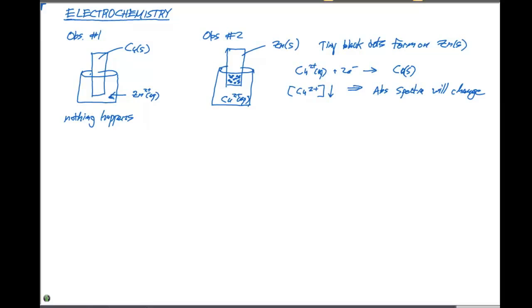So in this case, zinc solid is going to produce zinc 2+ ions in solution plus 2 electrons. So the electrons can be transferred from that zinc to the copper. And just like energy, and we can transfer energy from one form to another, we can transfer electrons around.